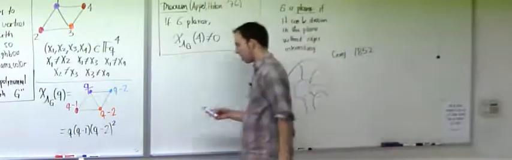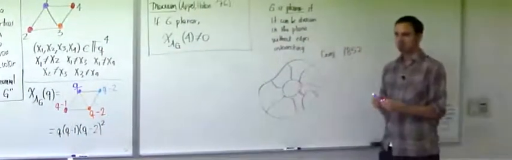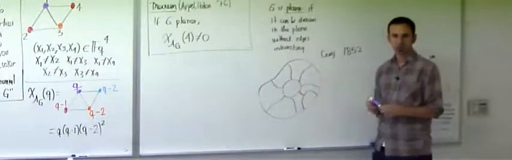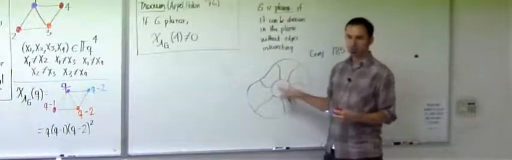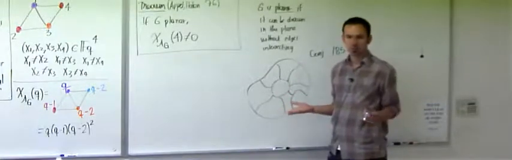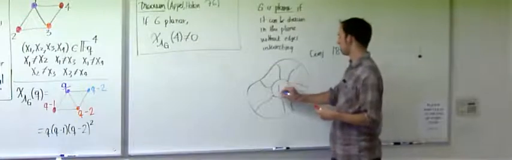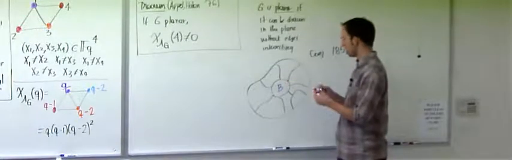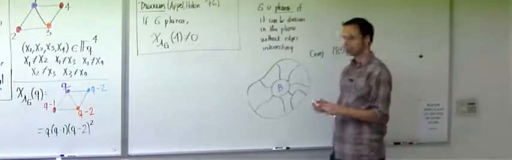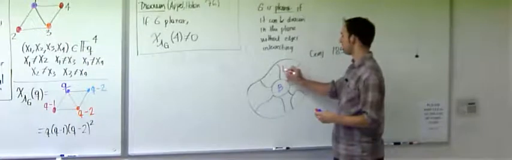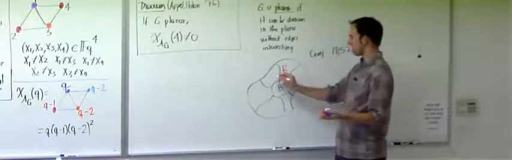So here's a map, and I want to show you that it's not possible to color it with 3 colors. Of course, the point is that if you have 2 neighboring countries in the map, you don't want to give them the same color because then you won't be able to tell the border, right? So let's say that this is blue, and I'm going to try to only use 3 colors. Let's say that this is red. Then I have blue, red, and orange.